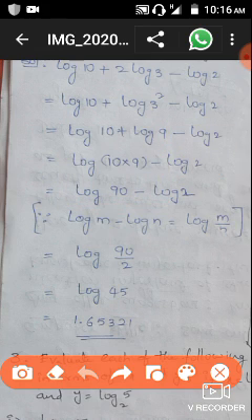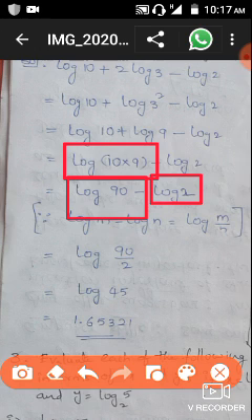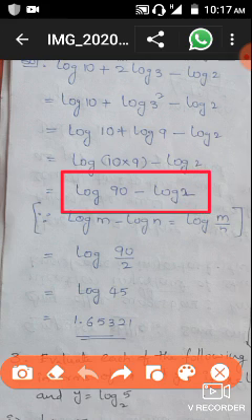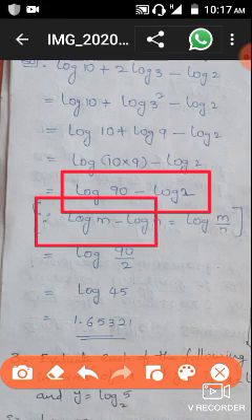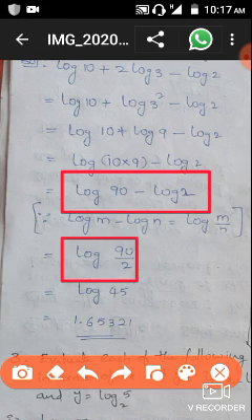From the previous step, log 10 into 9 I am writing as log 90, because 10 times 9 is 90. The remaining term is log 2. Next, log 90 minus log 2, again using the formula log m minus log n equals log m by n, we can write log 90 by 2.